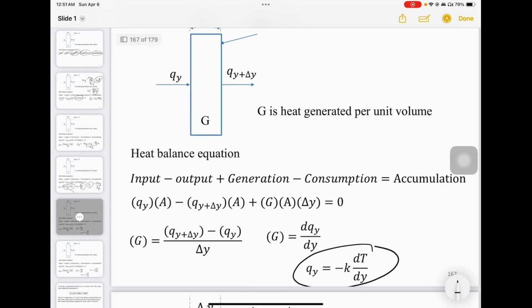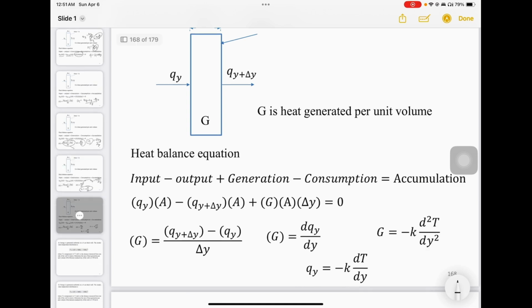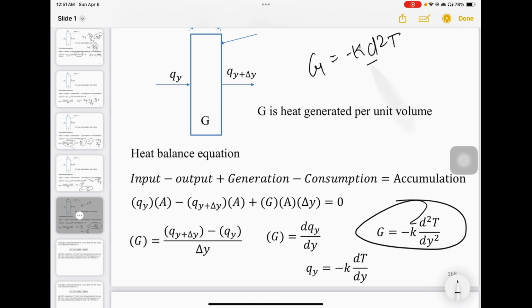Now, from Fourier's law of heat conduction, Qy is equal to minus k times dT by dy. Now, putting this value in, we get finally the heat generated per unit volume is equal to minus k d square T by dy square.